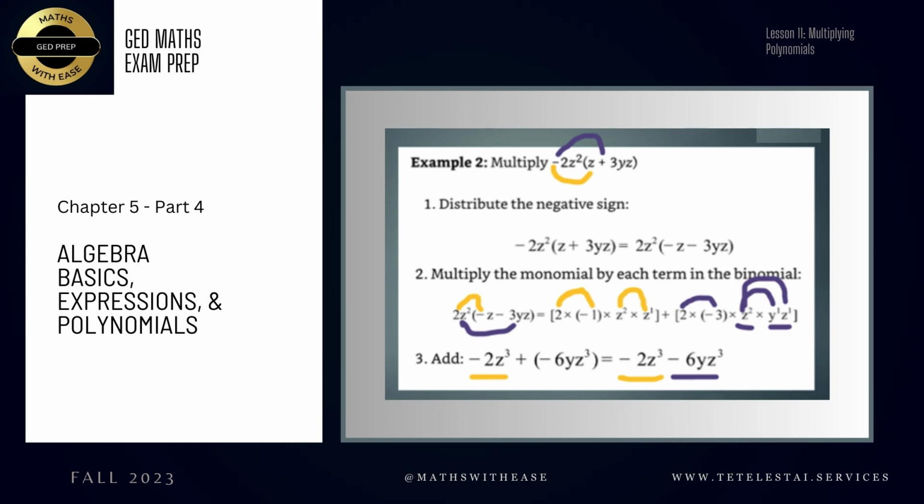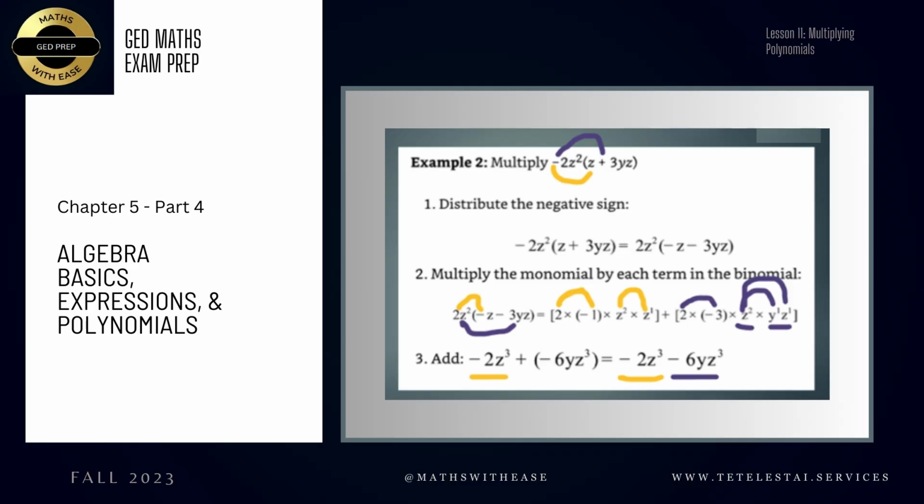Then you go to your next, and remember, when you're multiplying, you're grouping terms together. So you've already multiplied this -2 by 3. So you don't have to worry about the -2 anymore. And you don't have to worry about the 3 anymore, okay?